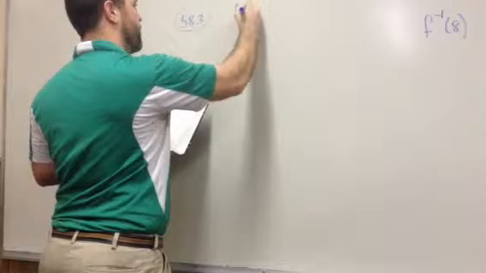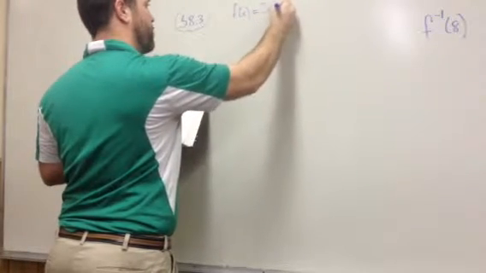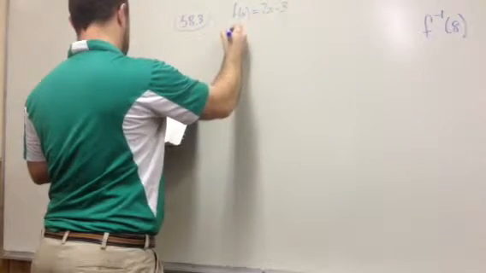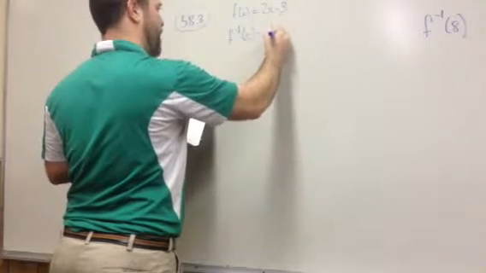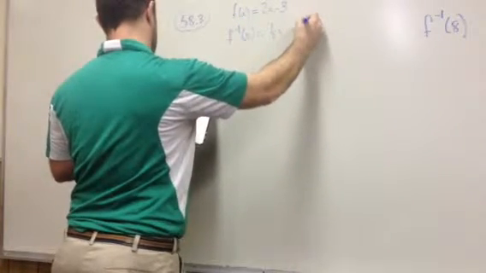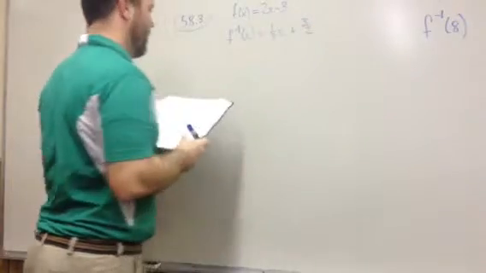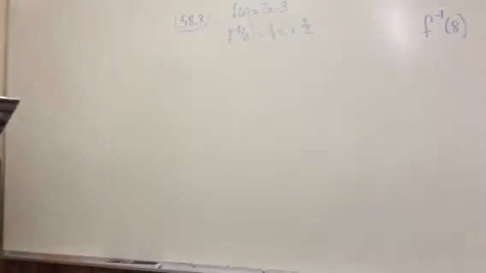We have f of x is equal to 2x minus 3, and f inverse of x is equal to 1/2 x plus 3/2. Find f inverse composed of f of 6 and f composed of f inverse of 6.